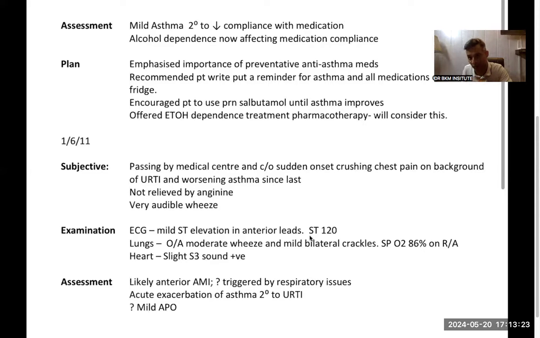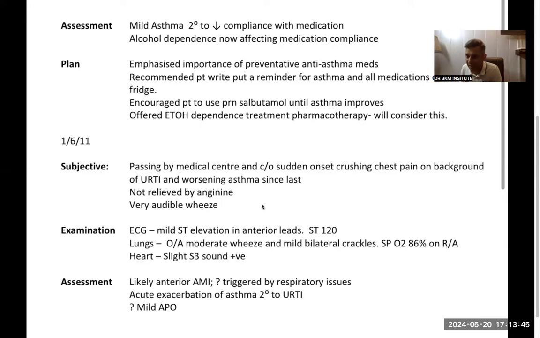So ECG means a problem related to the heart. Lungs: moderate wheeze, bilateral crackles, oxygen is 86%. Heart: slightly S3 sound positive. So that means today the patient is likely having an anterior MI, but the word likely is given. Likely means possibly. These are the main words.